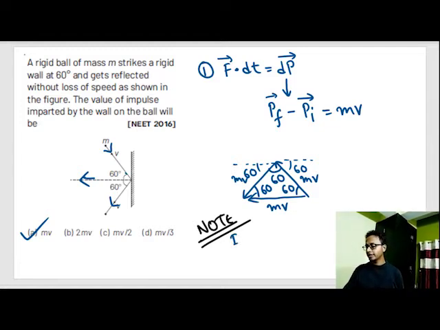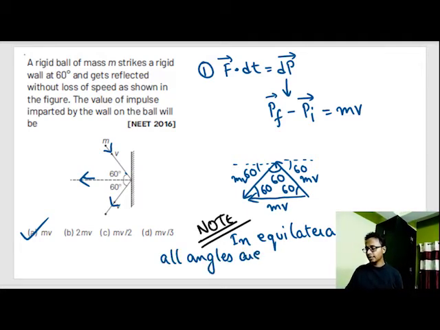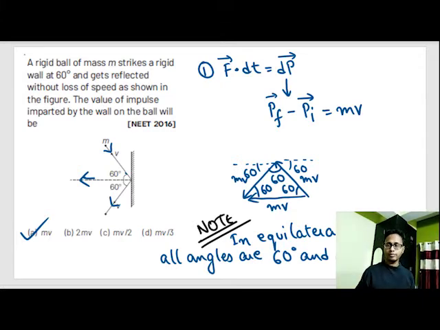And in an equilateral triangle, all angles are 60 degrees and all sides are the same. This was supposed to be learned in your earlier curriculum, but nonetheless.